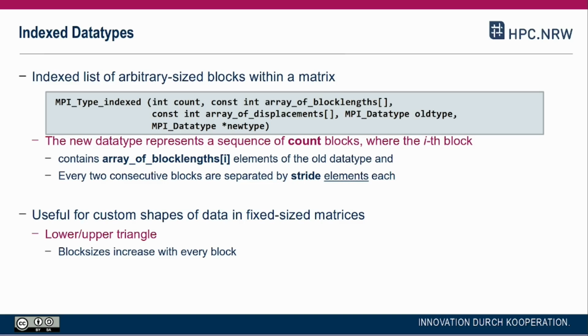One thing with indexed that you need to keep in mind, because we're not talking about all the functions that are out there, in MPI you sometimes will have to consult the manual for this. In the standard itself, indexed has a displacement in terms of elements of the old type.